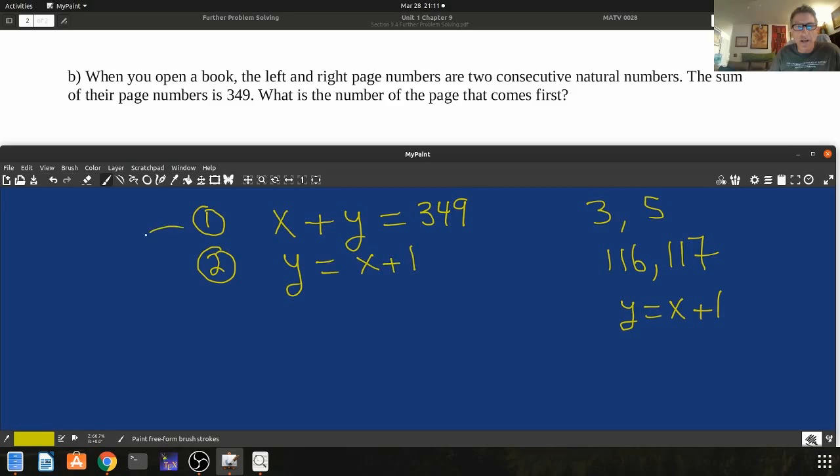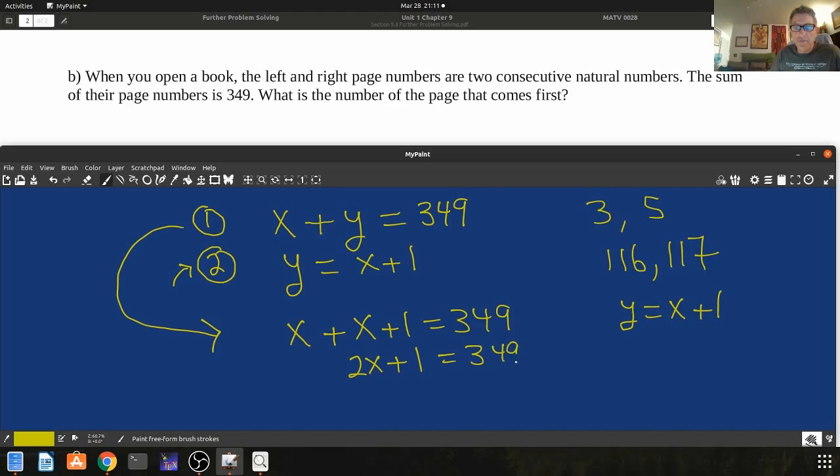So I'm going to rewrite equation 1 using the information I get in equation 2. So x plus y, but y is equal to x plus 1, and that is equal to 349. So again, x plus x is 2x, so that gives me 2x plus 1 is equal to 349.